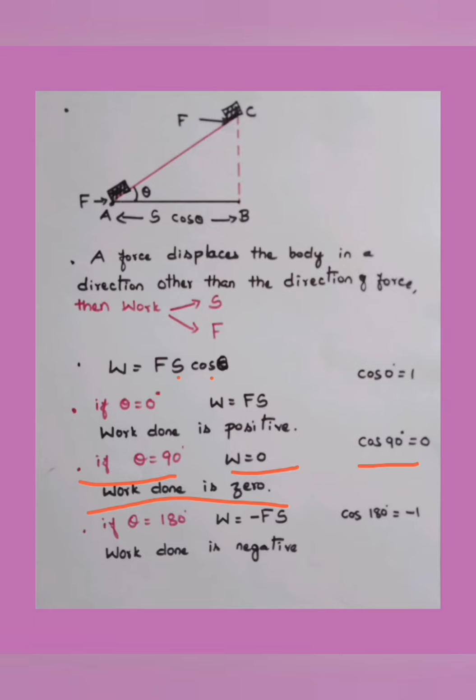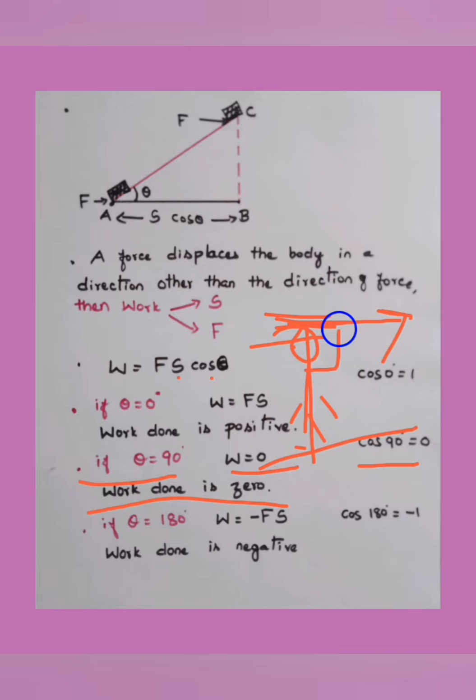In the case of a person who walks on horizontal ground and carries a load on his head, like this, he is walking on the ground carrying the load. The displacement of the load is normal to the direction of the force of gravity, which is vertically downward.